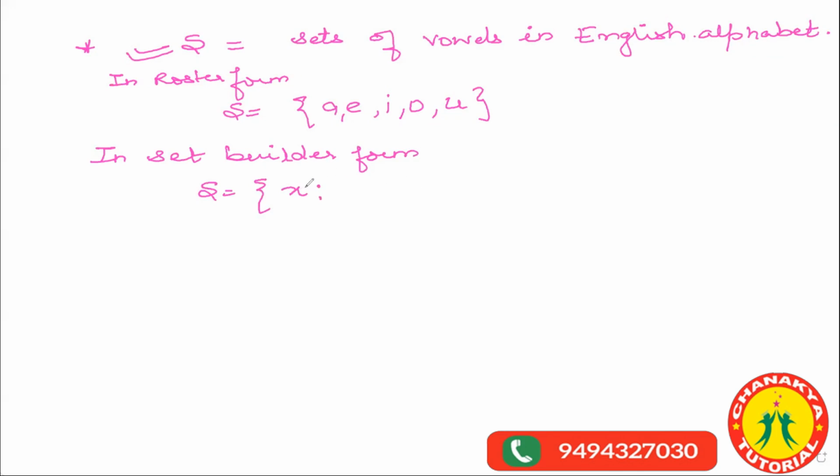Till here, all the things are correct. Now see, x such that. Now here we have to define our x. So x is a vowel in the English alphabet. Clear, beta?